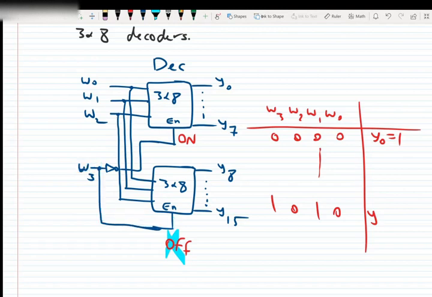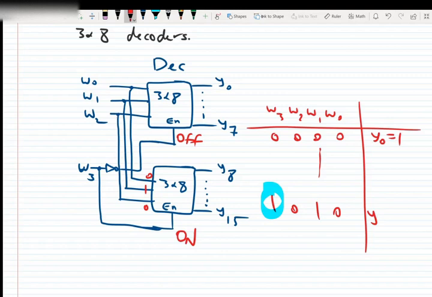Let me erase these highlights. Okay, first let's look at Y3. Y3 is 1, so because not Y3, W3 is 1, so this decoder is on, this one is off, and because W0, W1, W2 are 0 1 0, it means that the third output will be activated.